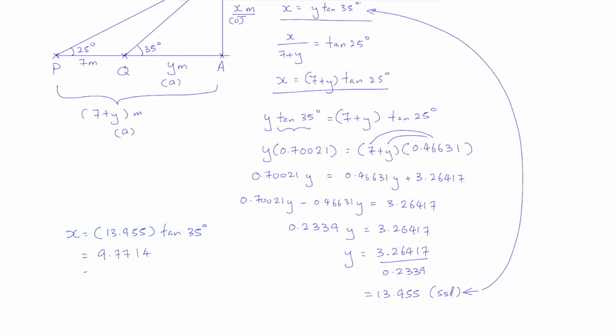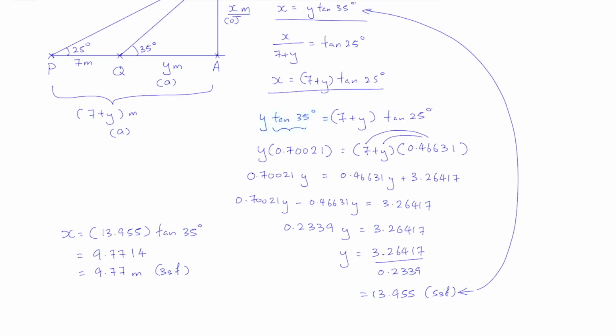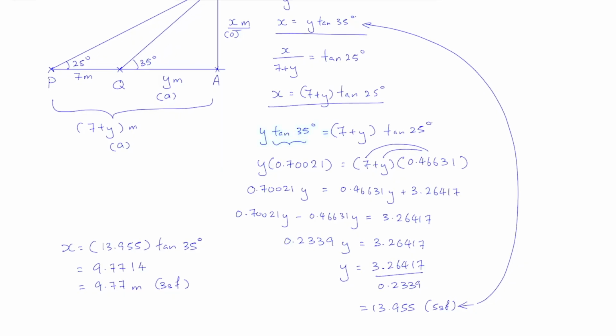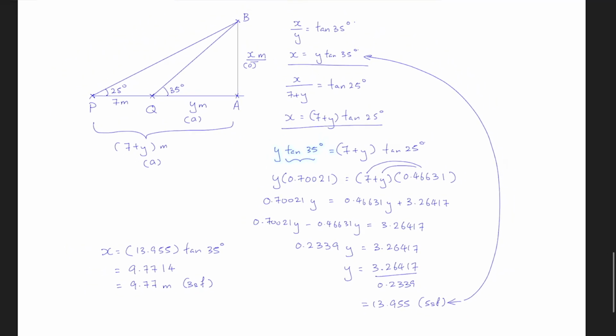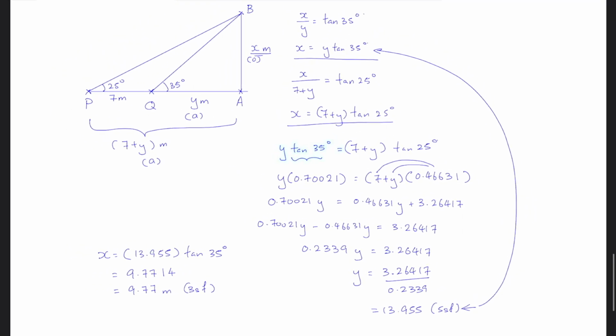Okay, round off to 3SF equals to 9.77 meters. 3SF, and this is the answer. Okay, is there an easier method? Yes, there is. Just for this question, I'm showing you a second method. Okay, will it be easier? Not sure. Let's take a look.